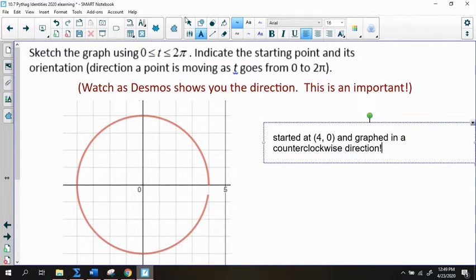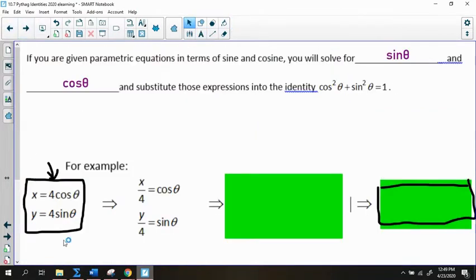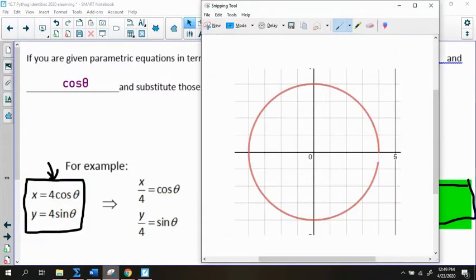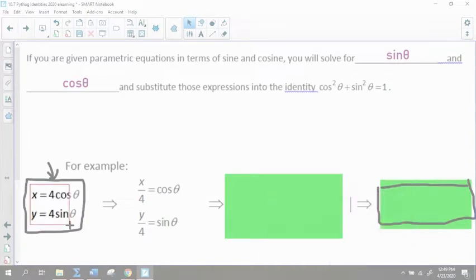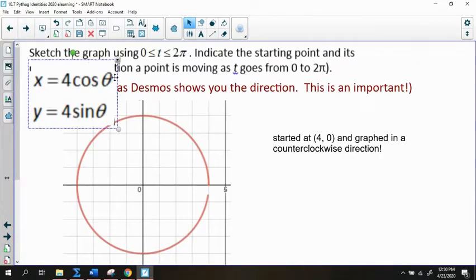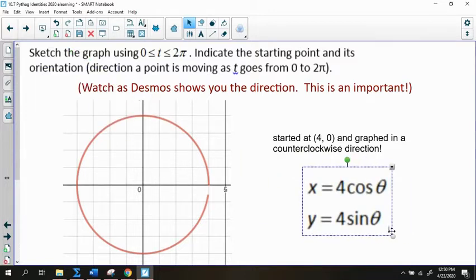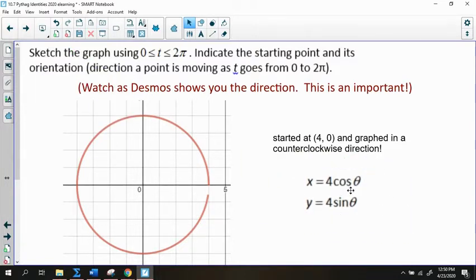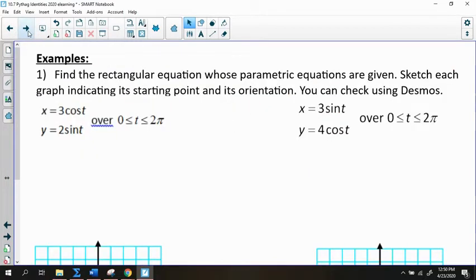I'm going to go back and grab the equation so that we remember what it was. The equations had 4 cosine for x and 4 sine for y, and that's an important distinction as well: 4 cosine and 4 sine in that order. Something different would happen if we switched them around, which is actually what we're going to do with these two problems here.